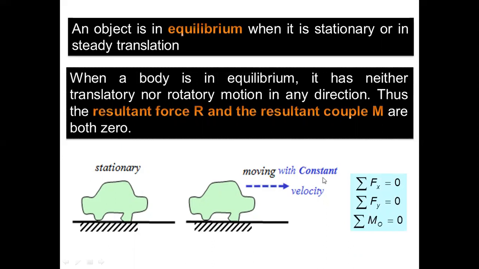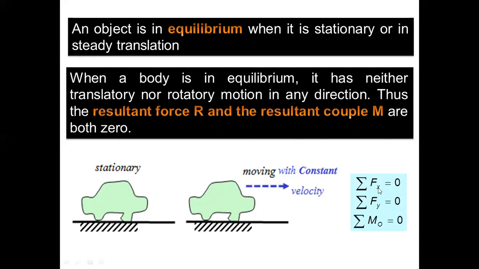Why can we expect equilibrium either in a state of stationary or at constant velocity? Because there is no change in delta along any x direction or y direction or even along the rotational moment. So that's why we can expect equilibrium under a particular condition.